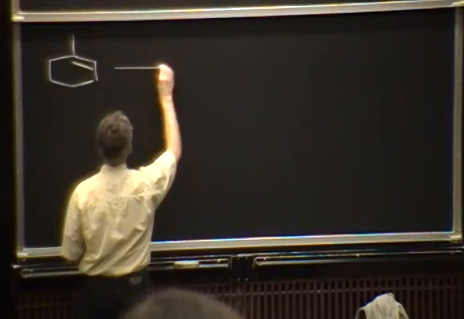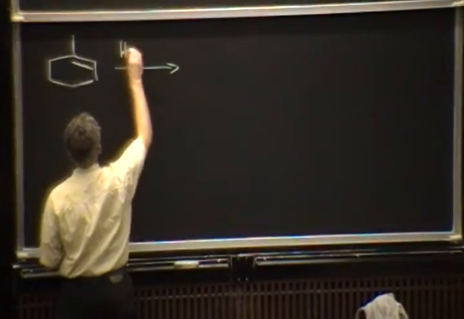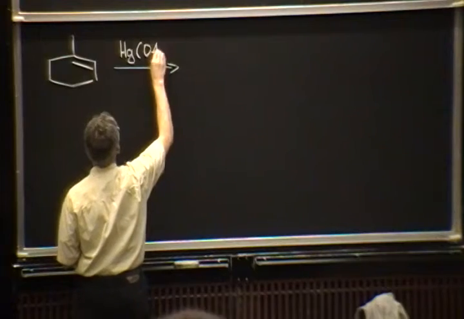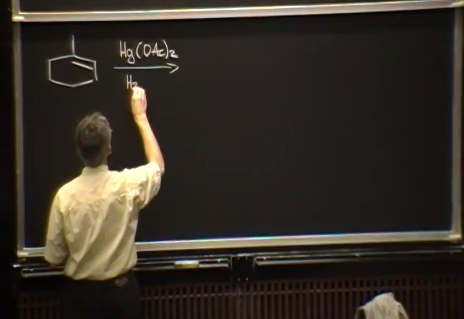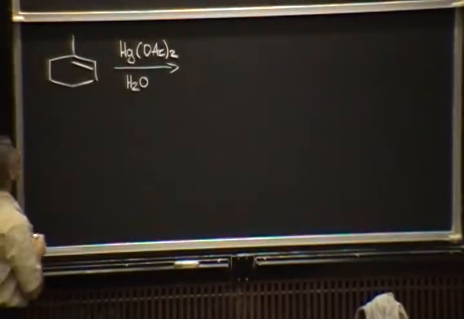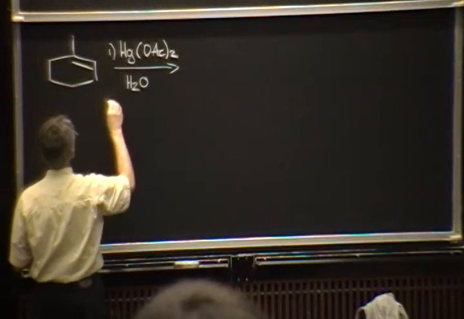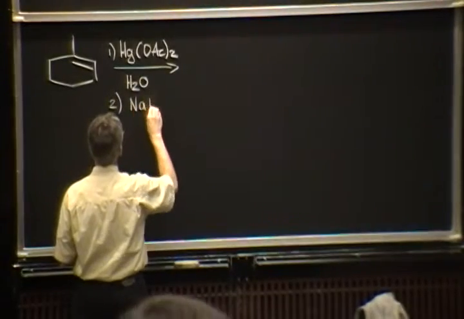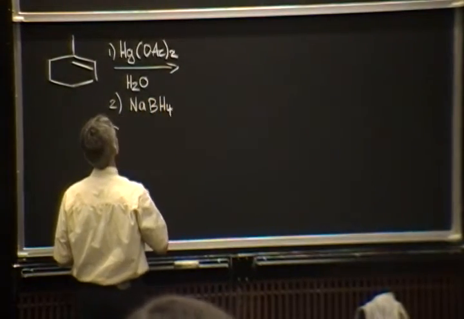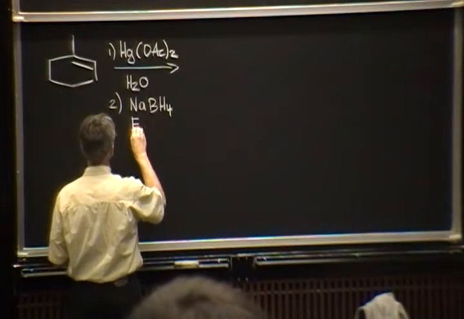If you look at a particular substrate, and we have methyl cyclohexene, let's use that again. We use a mercury salt, let's use mercury acetate. And we do this in an aqueous environment. And as you will see, it actually has two steps. Second step is a reduction, sodium borohydride, which we do in an alcohol solvent. Let's use ethanol for that.